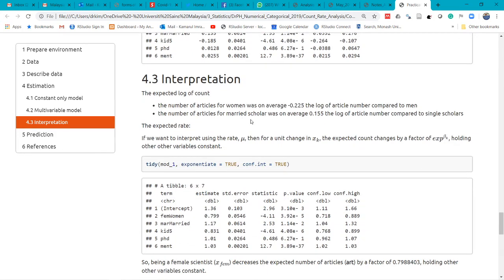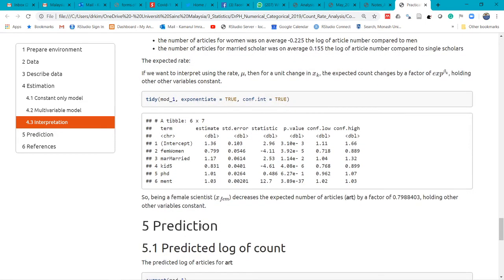From the log of count, you can exponentiate this to get the rate, the rate for a unit change in x. So for example, for women, the rate of number of articles is 0.80.